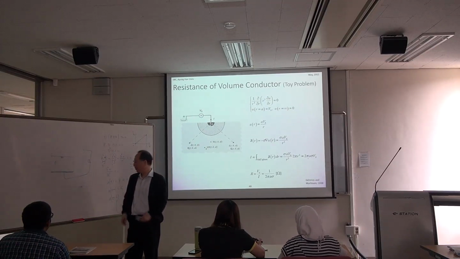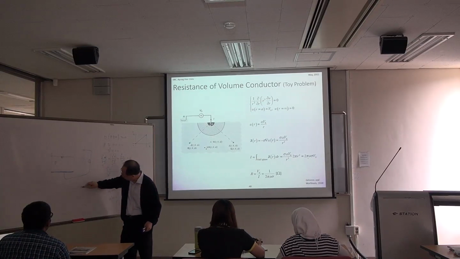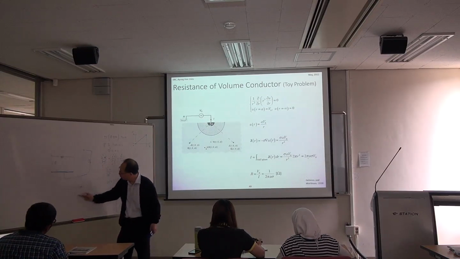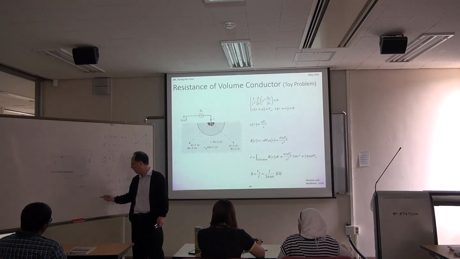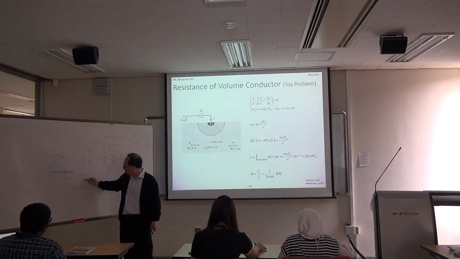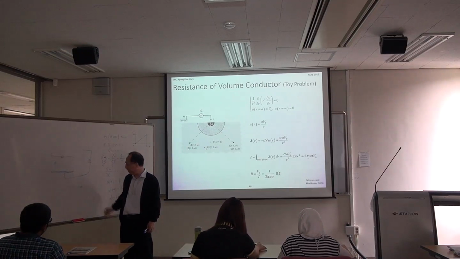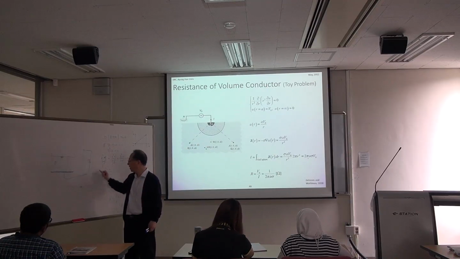Why? Because think about a half sphere with radius of A. How much surface area will it have? 4 pi A squared divided by 2, because it's a half sphere. Right? If the injected total current is I, then right at the surface of this electrode, the current density was I over 2 pi a squared, right?